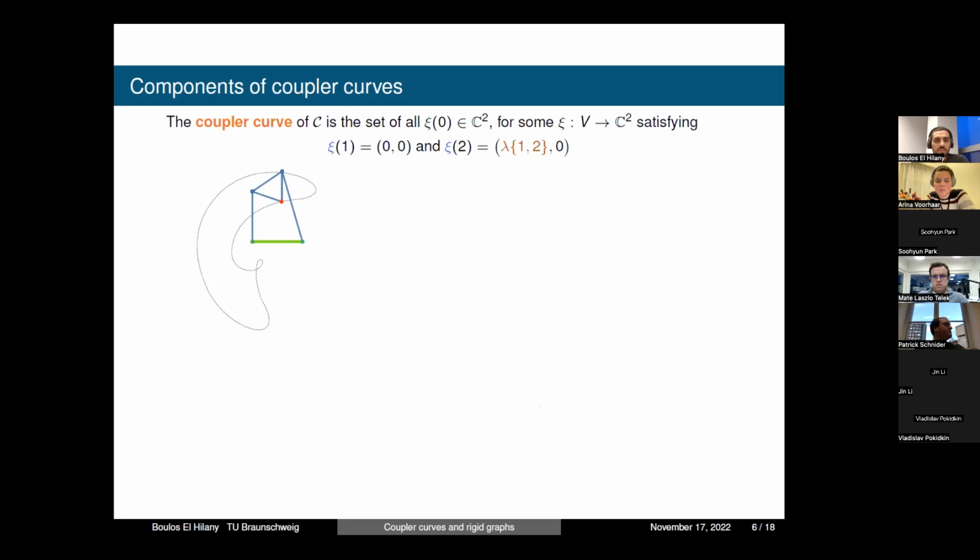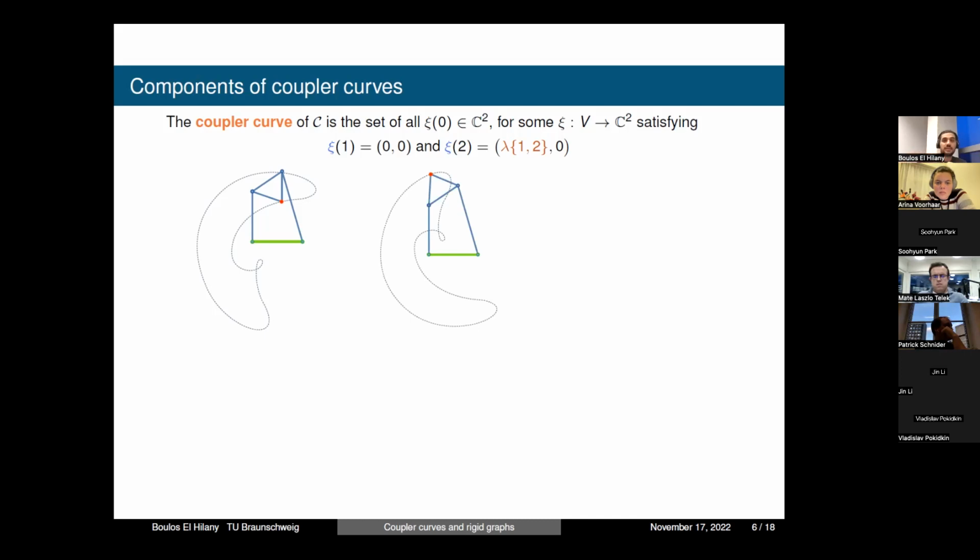So why are these important? First of all, why are they interesting? Let's say this is a coupler curve where in green I have fixed this one edge, and I'm looking at the curve that is given by the vertex in red. Now there are realizations that can be obtained one from another by just moving the graph a little bit, but some of them cannot be obtained one from another.